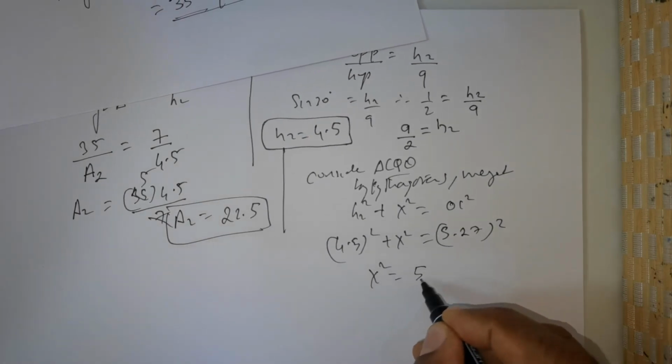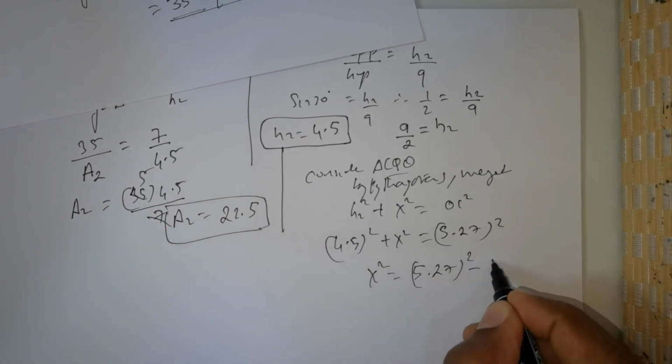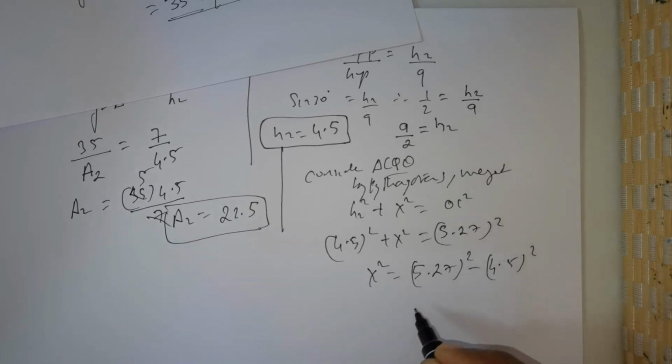So x squared is 5.27 squared minus 4.5 squared.